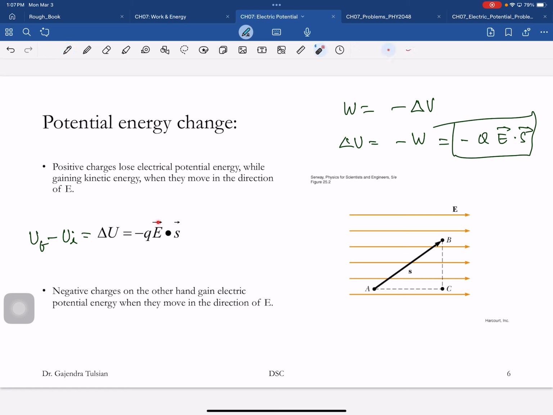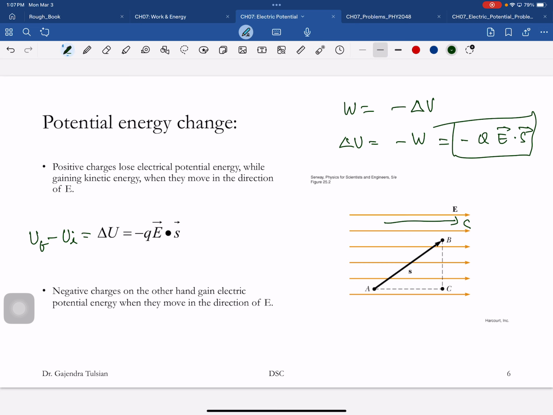So if the charge is falling in the direction of the electric field, the dot product will be positive. And if the charge is positive, a positive charge loses potential energy as it falls in the direction of the electric field. That's what this equation is saying. So we'll keep it simple.